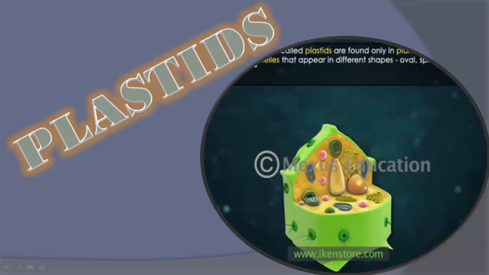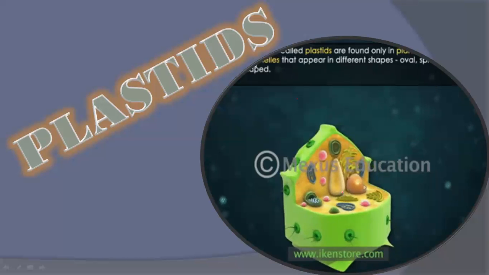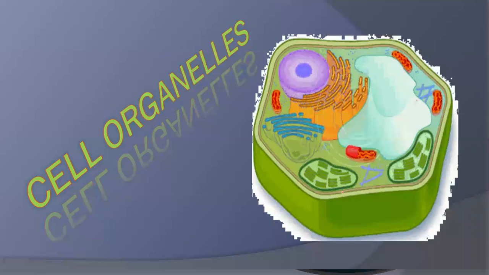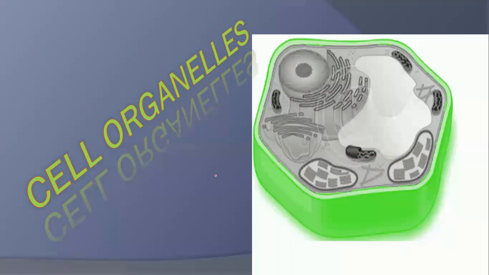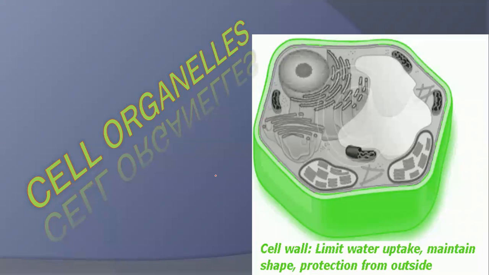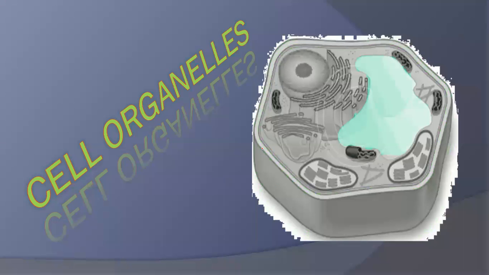There are lots of other organelles which are present in the plant cell, specifically these plastids. We have seen this picture before, that in cell organelles, this is a plant cell. Some organelles are present only in plant cells, for example, the cell wall as well as plastids.